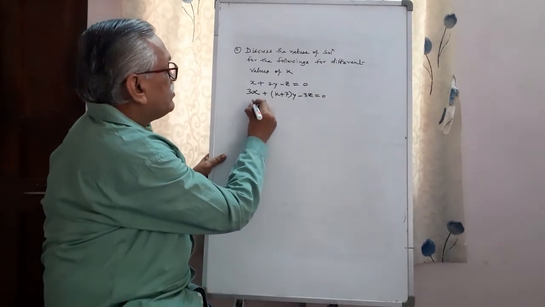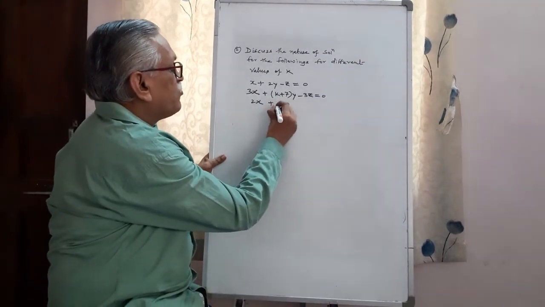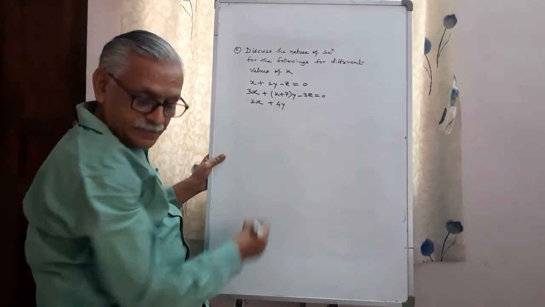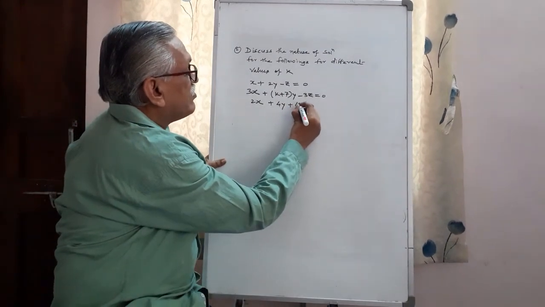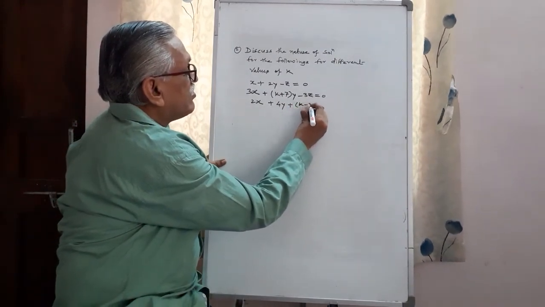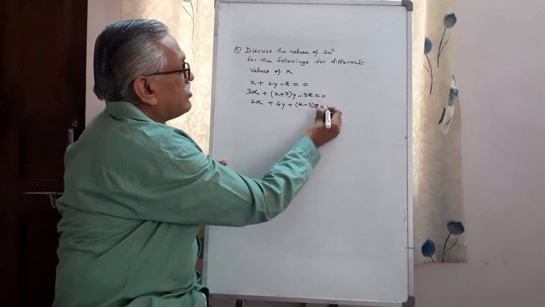Third, 2x plus 4y plus (k minus 3) into z equals 0.